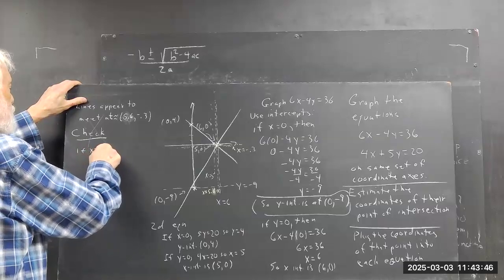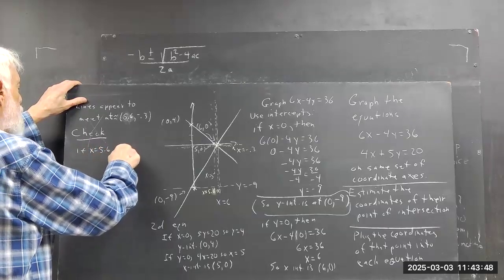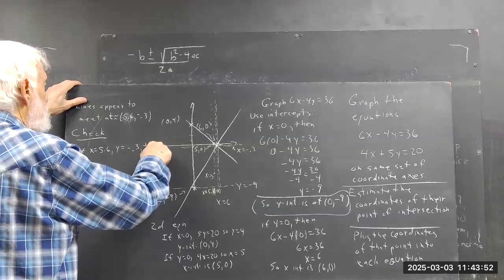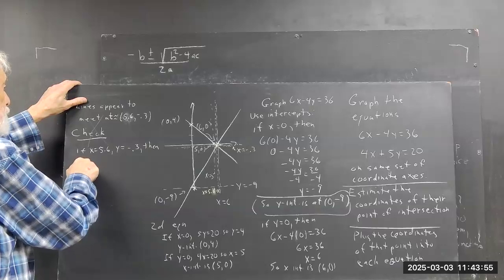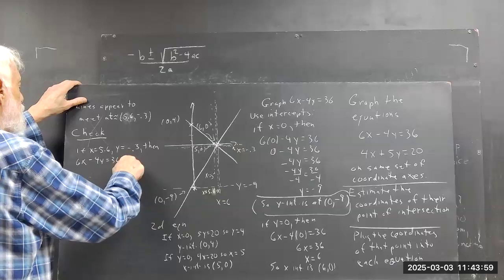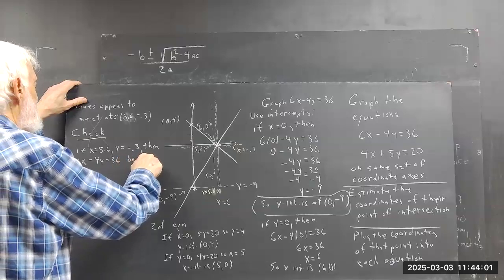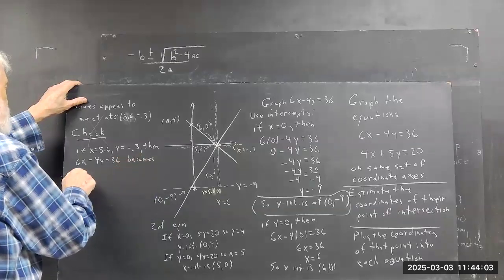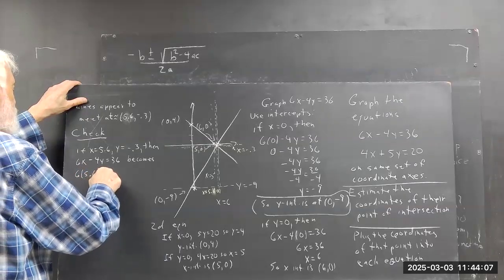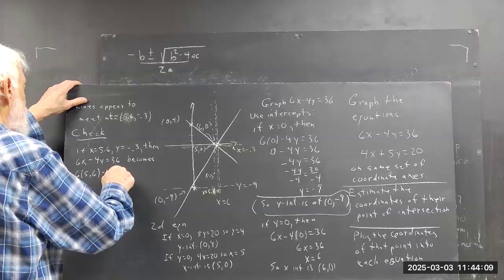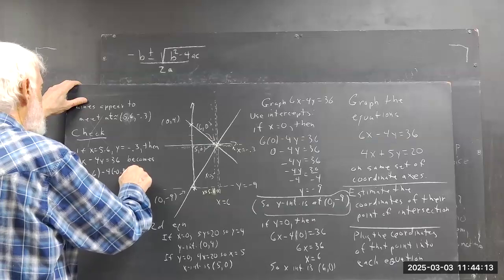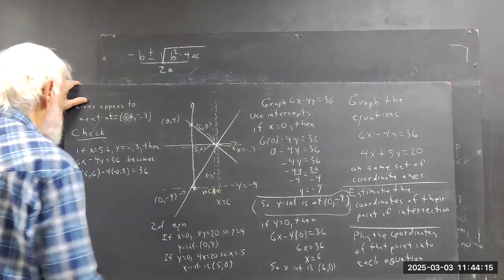If x equals 5.6, y equals -0.3, then 6x minus 4y equals 36 becomes 6 times 5.6 minus 4 times -0.3 equals 36.